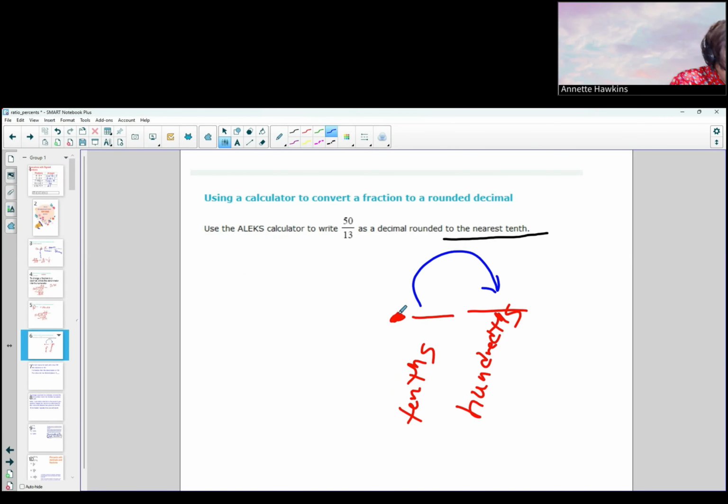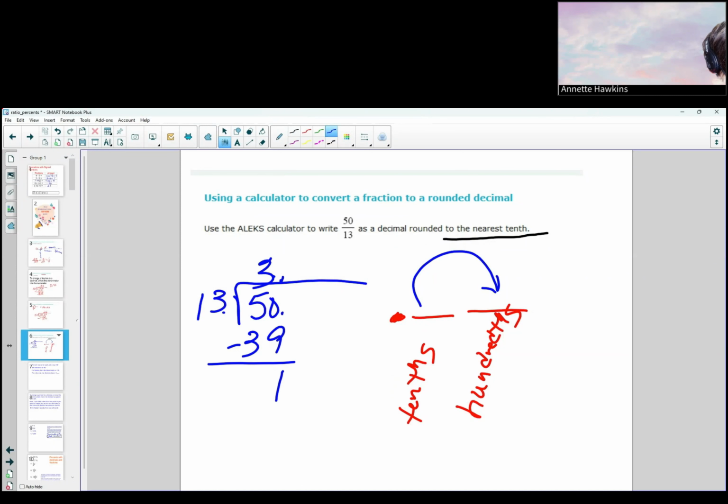Okay. So I say 13, put my decimal. So 13 would divide 50 3 times. 3 times 13 is 39. We're going to subtract, get 11, add your 0, bring that down. So 13 would divide 110, what, 8 times?